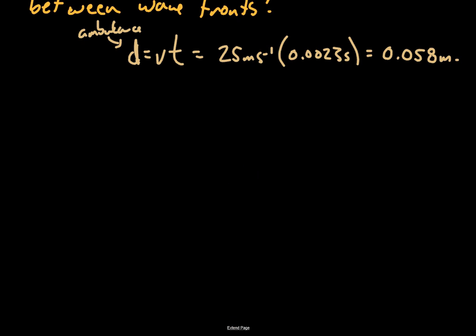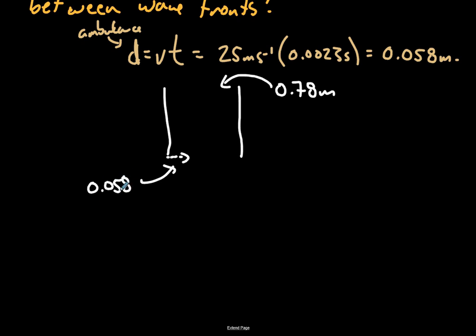So what does this mean? If we're looking at just in front of the ambulance, here's our normal wavelength. But before this is emitted, the ambulance has moved 0.058 meters forward. So our wavelength is shortened by that amount.